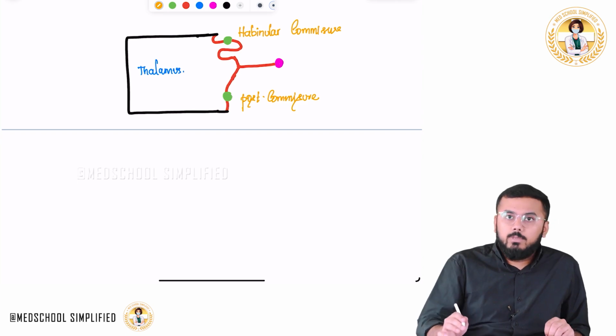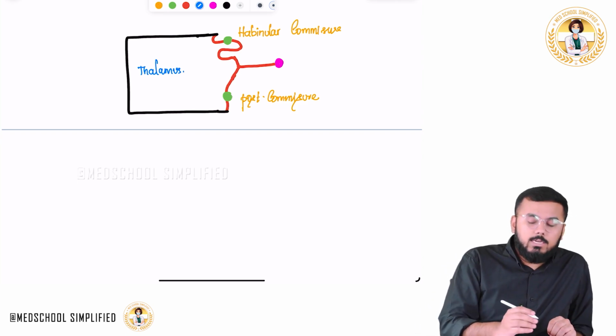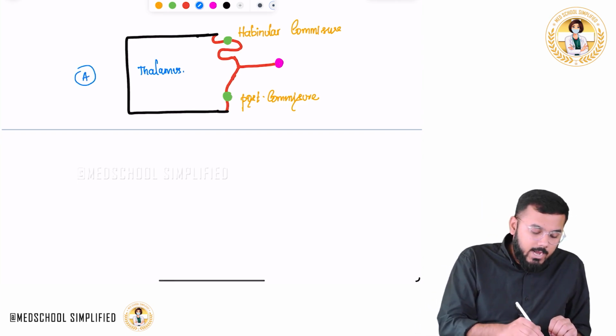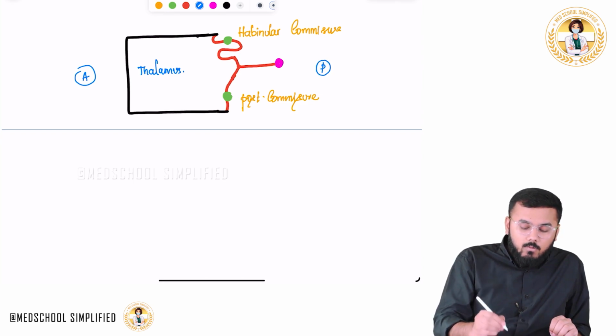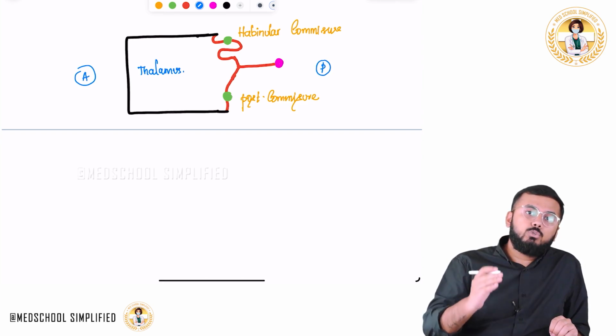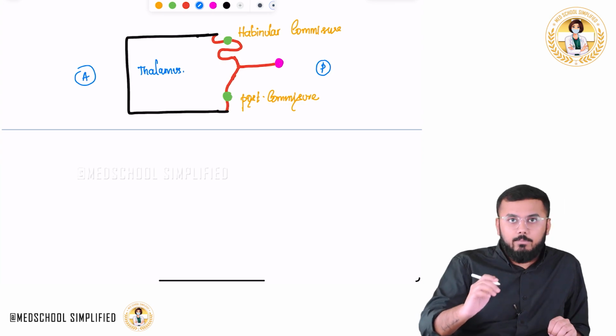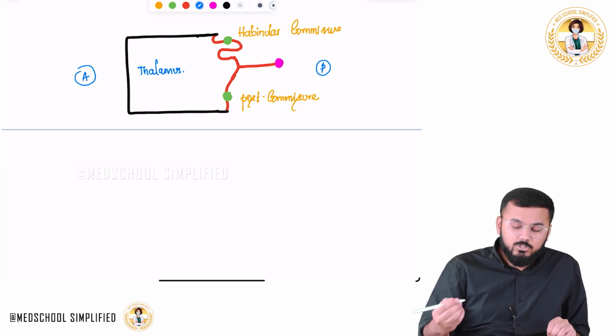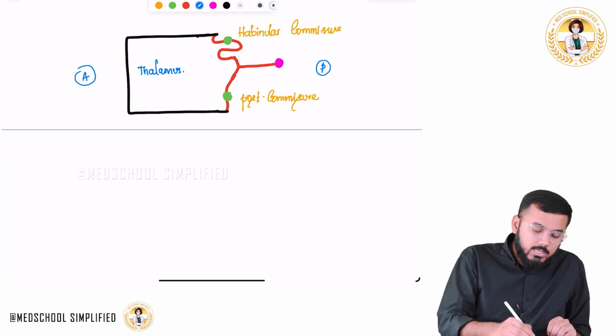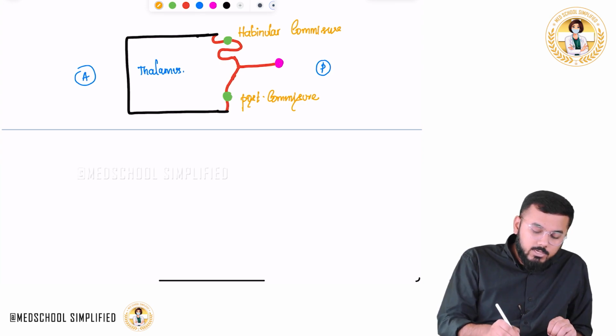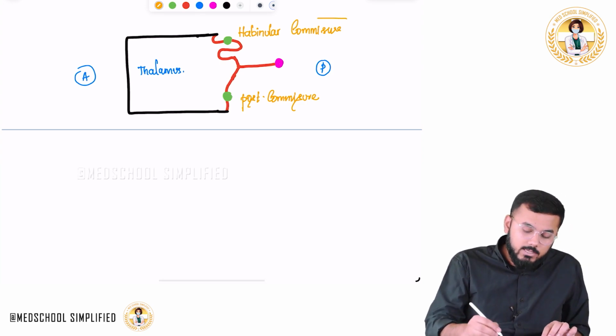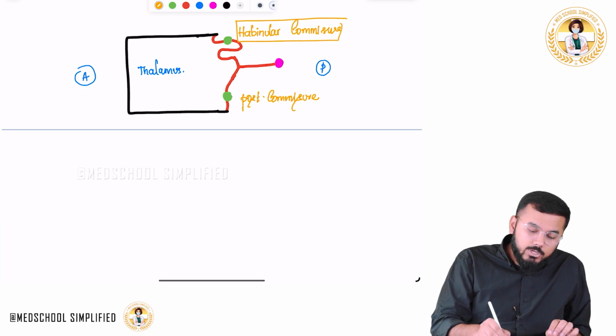Now, you tell me here, what are the structures that are located back? If this is an anterior, this is a posterior. What are the structures that are forming the posterior wall of the thalamus? The first important structure which I would like to mention over here is habenular commissure.